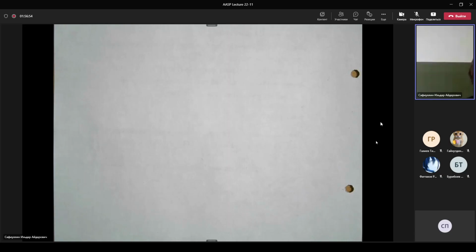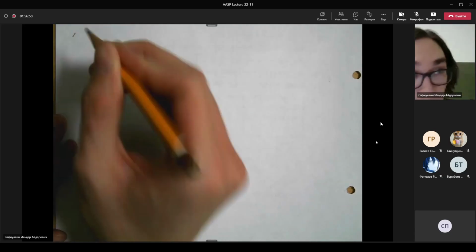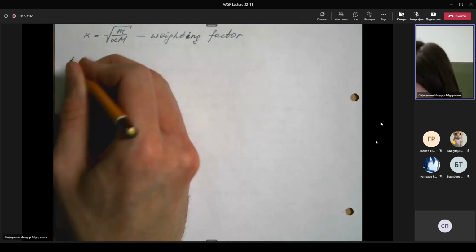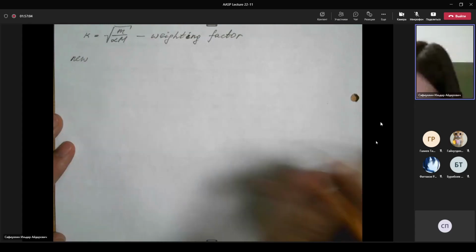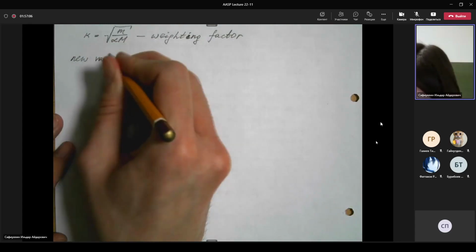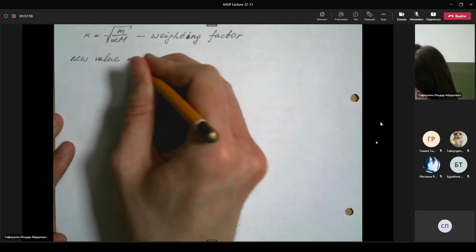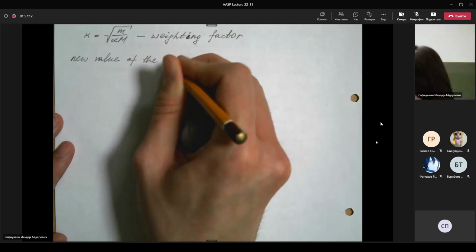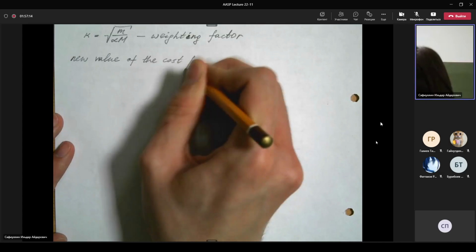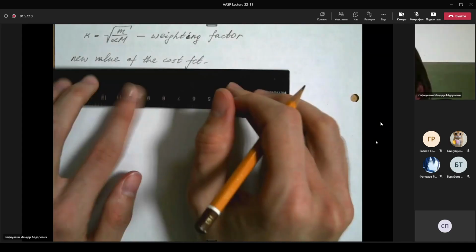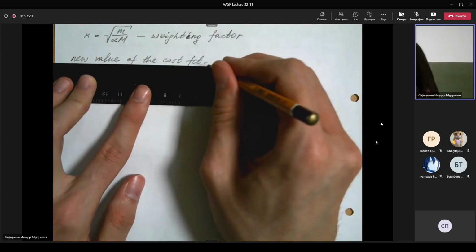So new value of the cost function. After this weighting factor, new value of the cost function, with two underlines here.